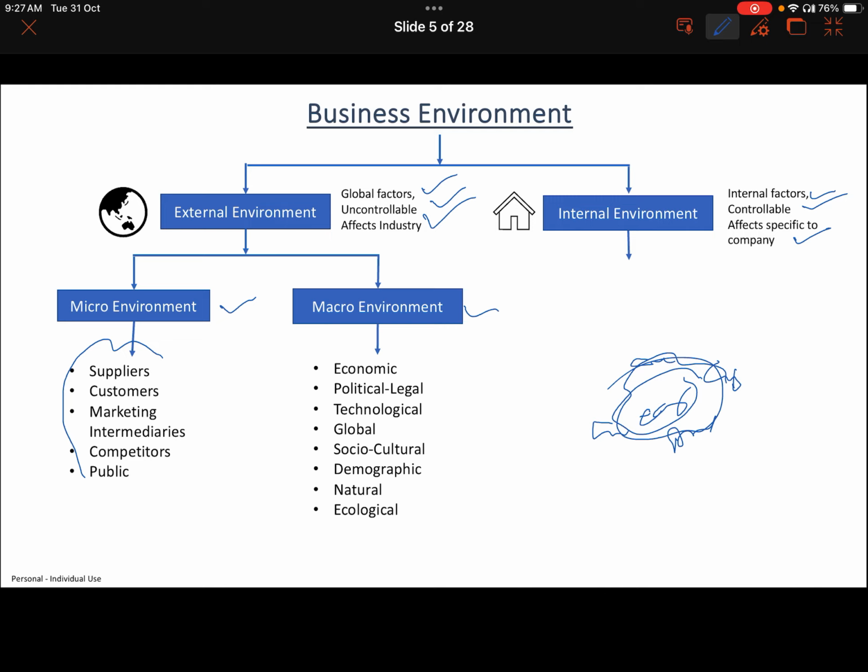Macro environment includes global factors like economic, political, legal, technological, global, cultural, demography, natural, and ecological. All these points we will discuss in coming videos, where we will go one by one in detail, micro environment factors and macro environment factors.